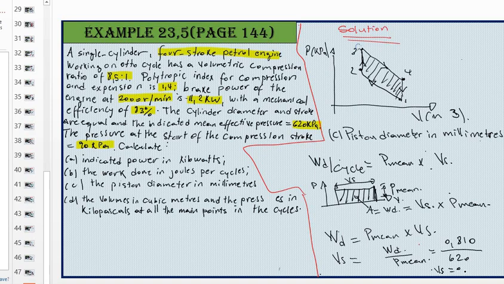So I got 0.001306. So the answer is in cubic meter. So that is Vs. Vs is the swept volume.